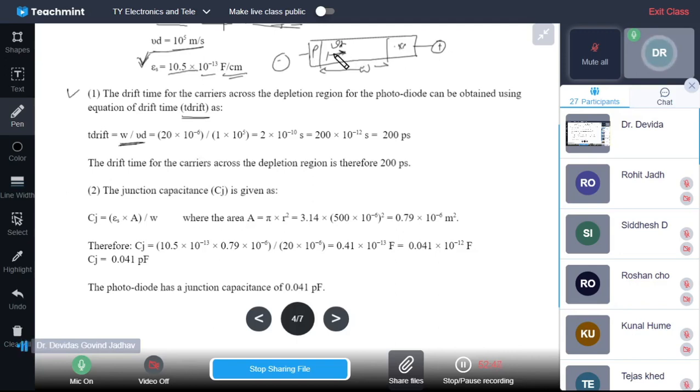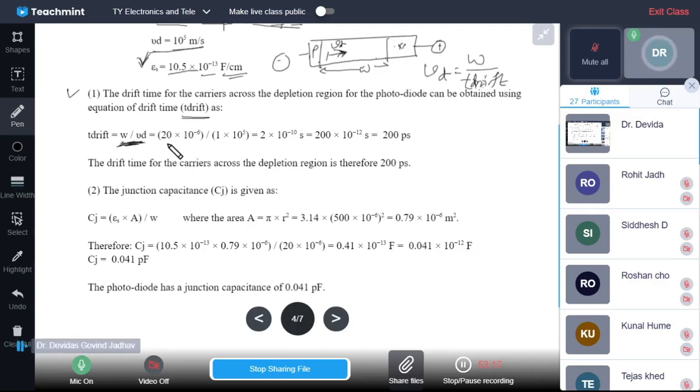Velocity is distance upon time, so Vd is W upon T drift, so T drift is W upon Vd.